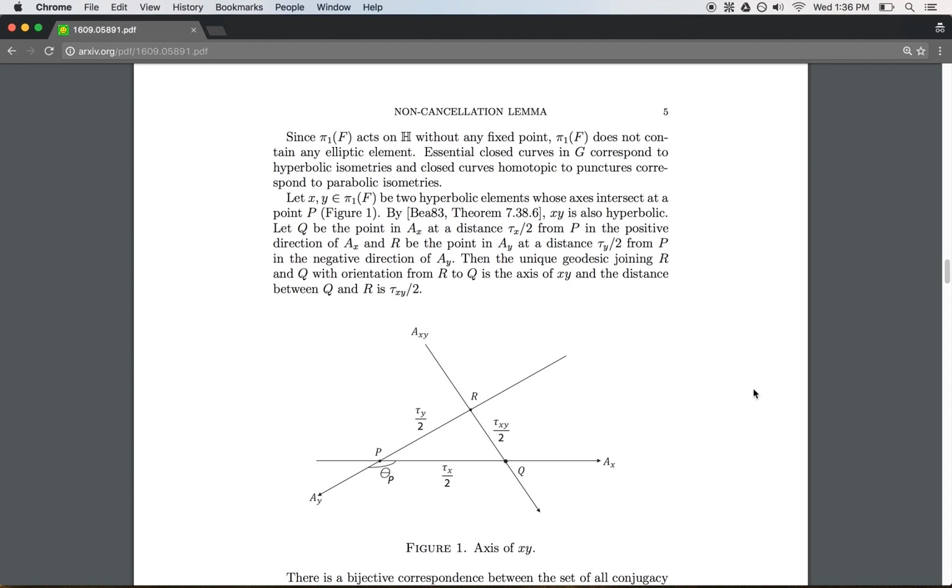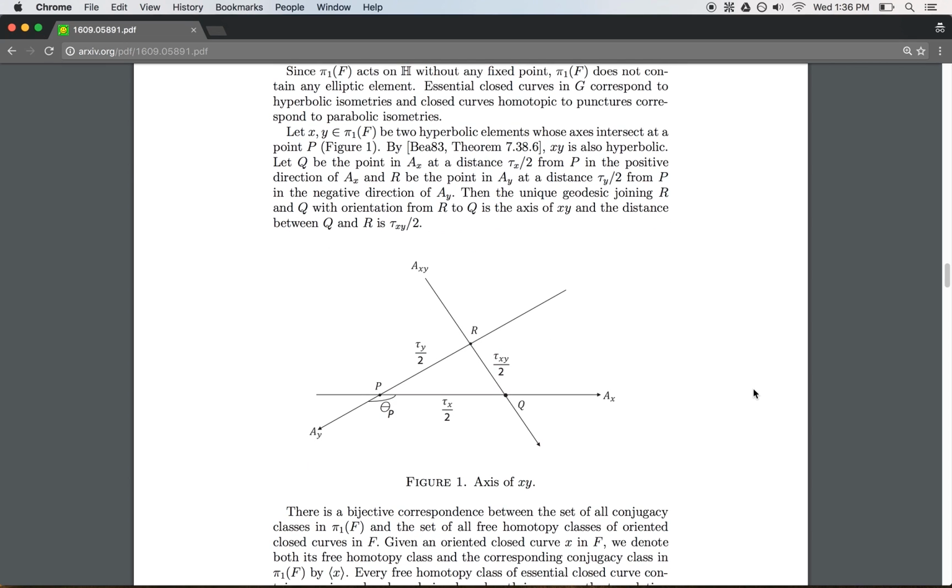Let Q be the point in A_X at a distance tau_X over 2 from P in the positive direction of A_X, and R be the point in A_Y at a distance tau_Y over 2 from P in the negative direction of A_Y. Then the unique geodesic joining R and Q with the orientation from R to Q is the axis of XY, and the distance between Q and R is tau_XY over 2.